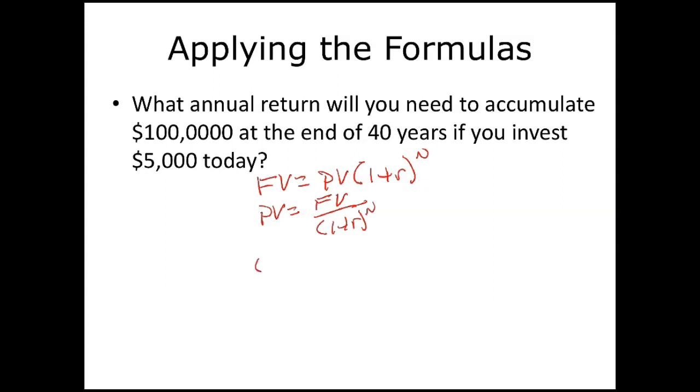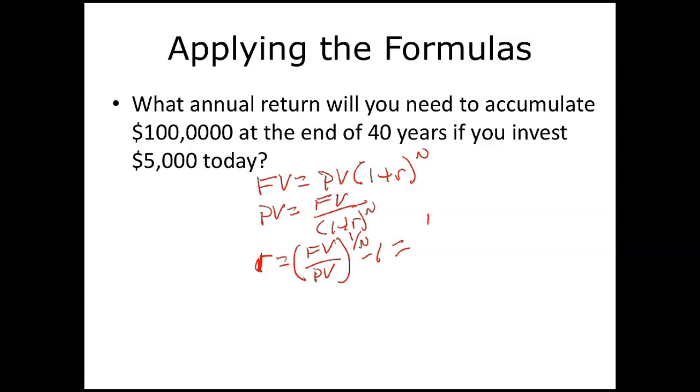For example, if we wanted to know the rate of return R that we would need to accumulate $100,000 at the end of 40 years, if we invested $5,000 today, that would be future value divided by the present value, raised to the power of 1 over n, minus 1.